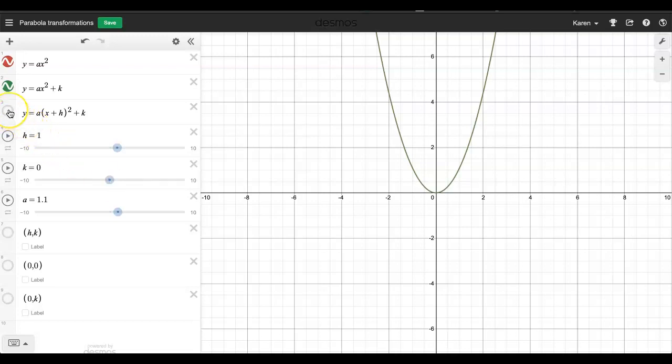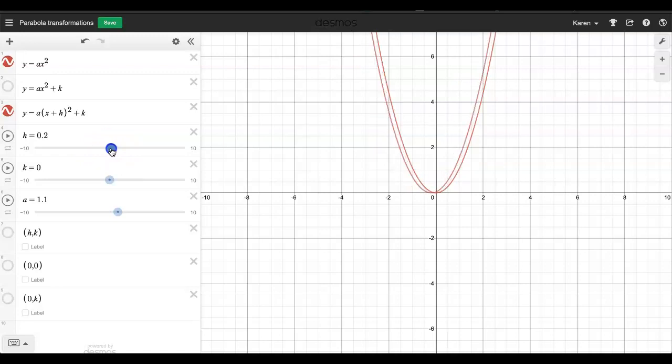And then what I want to look at here is, okay, what if I add something to the x value? It shouldn't be too surprising that adding something to the x value shifts the graph left or right. What may turn out to be surprising, though, is the direction that it shifts. So I'm going to change the value of h right now. If I set h to be 0, we're right on the same graph.